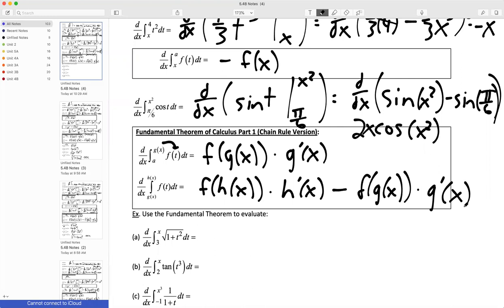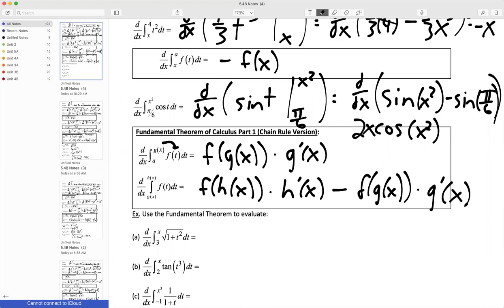The constant is just going to be 0 because the derivative of that is 0. If our variable is on the bottom, it's going to be the negative value. If we have two variables, we plug them in, take the derivative, plug them in, take the derivative, and subtract the lower bound from the upper bound.